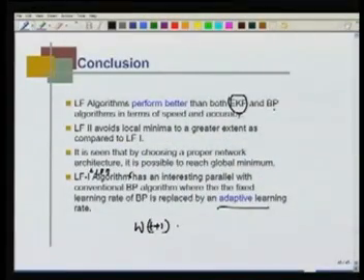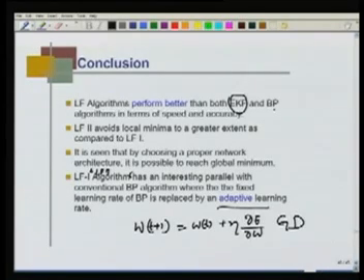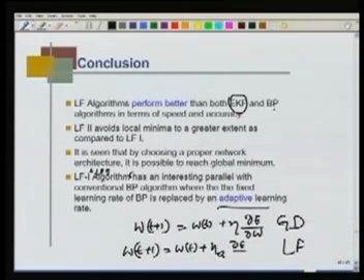In gradient descent we have W t plus 1 is W t plus eta del E by del W, and in the Lyapunov function approach we got the same form with an adaptive eta times del E by del W. So, we derived an adaptive eta, otherwise the structure is the same.